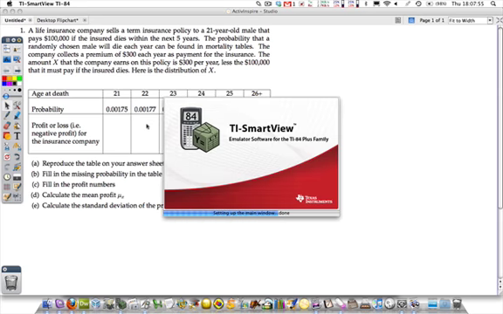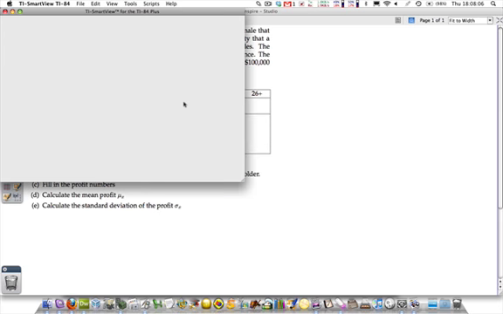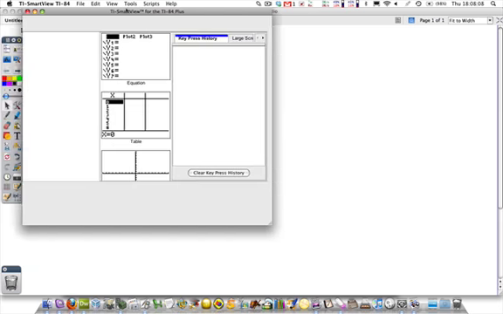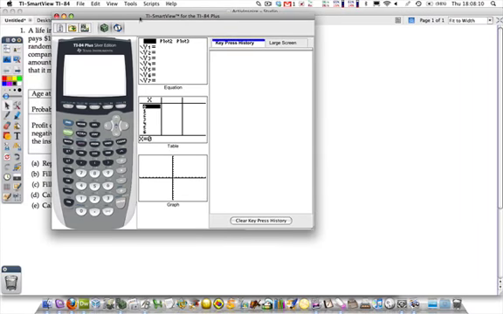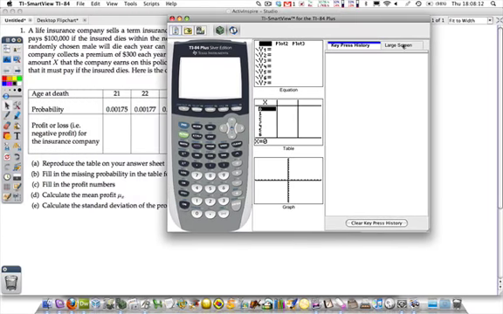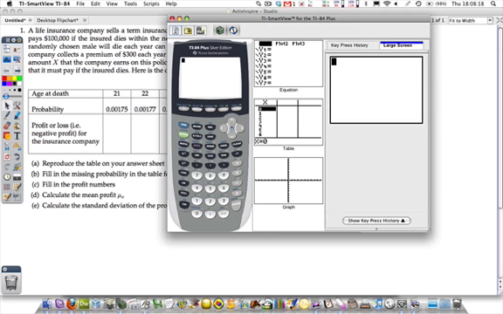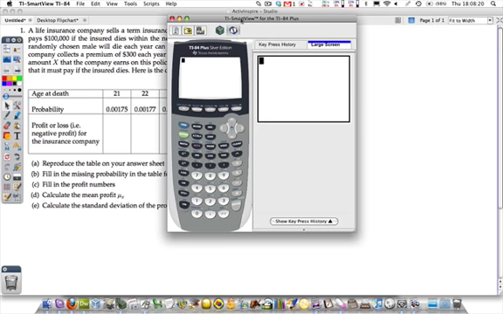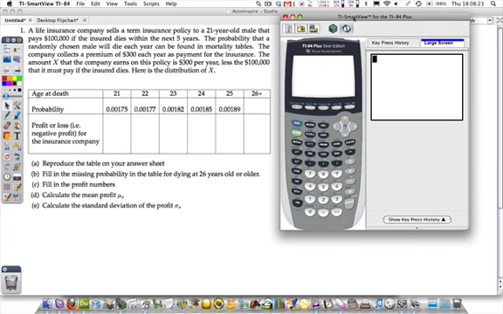Okay. So here's our calculator. Now I'm going to put the calculator over on the other side, so we can see what we're doing.